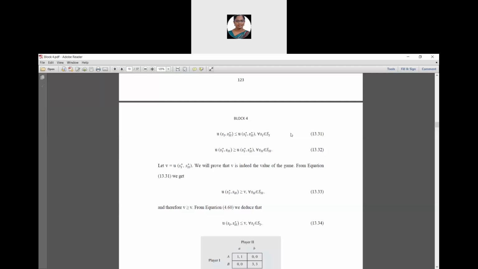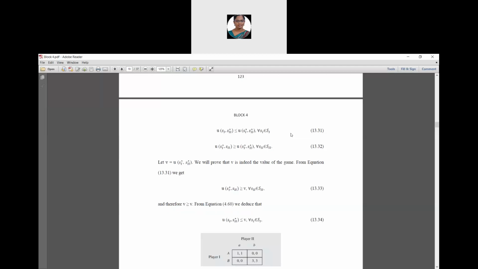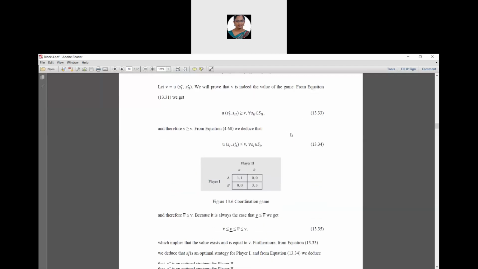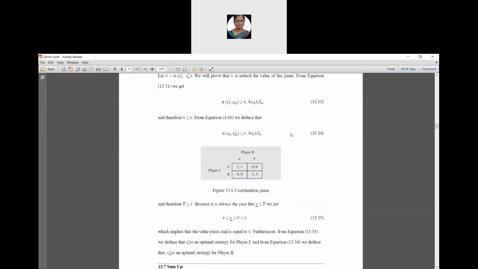Let it be equation number 13.33, and therefore V greater than or equal to V means, from equation 4.60, it is there in the fourth unit, we deduce that U of S1 comma S2 star less than or equal to V for all S1 belongs to S1.